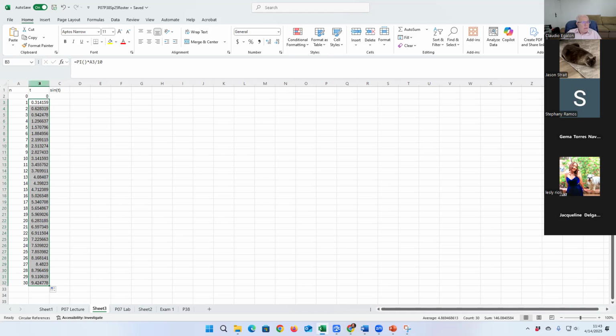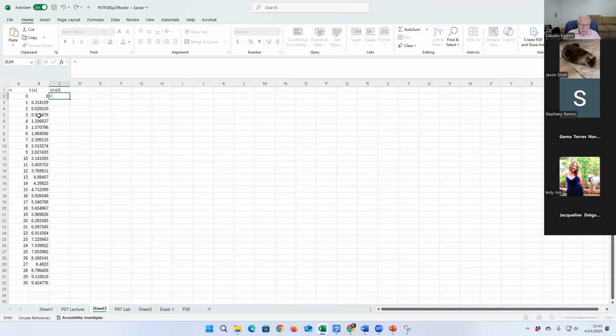Here's the instance of time that we have, and I'm going to determine the sine. I'm going to do even better here. I'm going to put omega t. I'm going to plot in terms of omega t, okay?